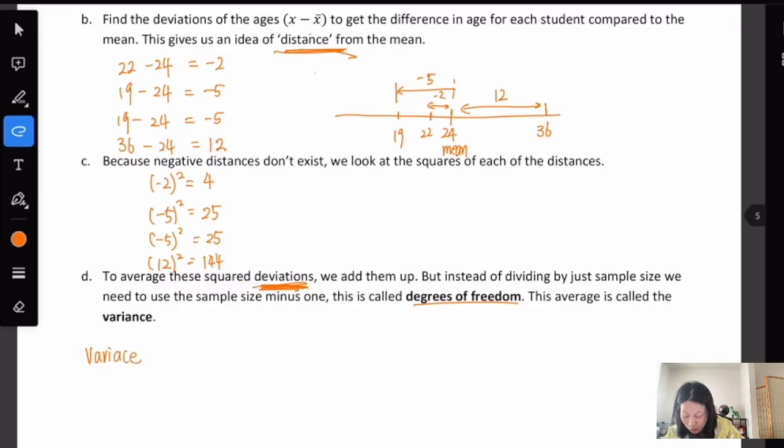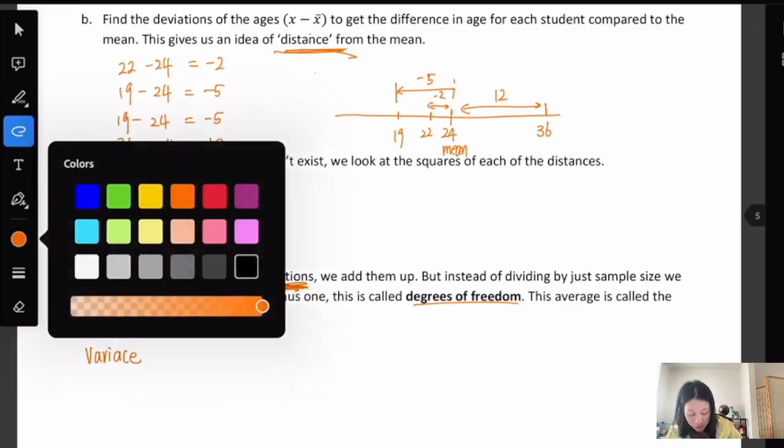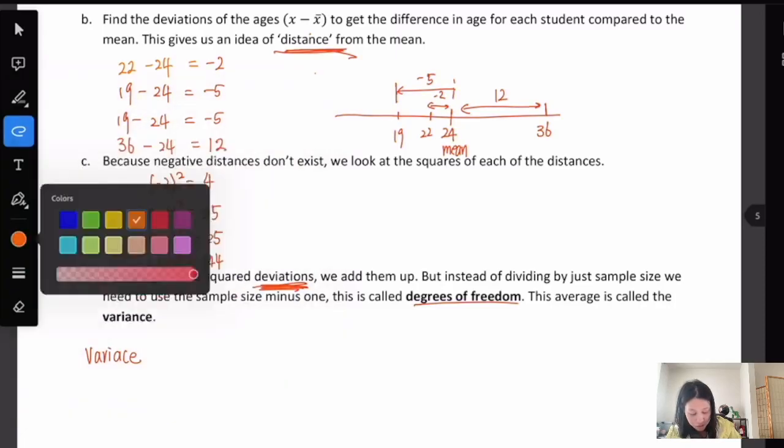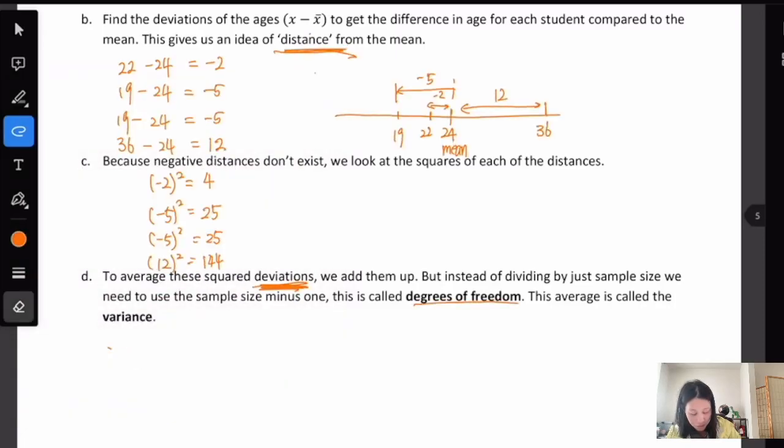For the formula, let me use different colors of pen. Variance. So what we did earlier is we took each data point and subtracted the sample mean, and then we found the distance.